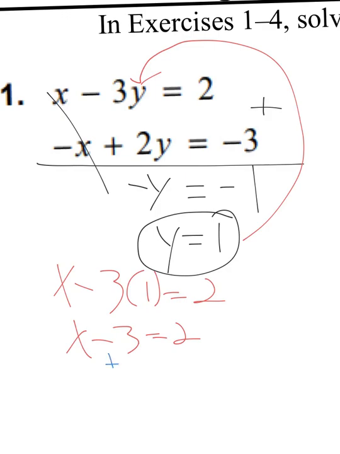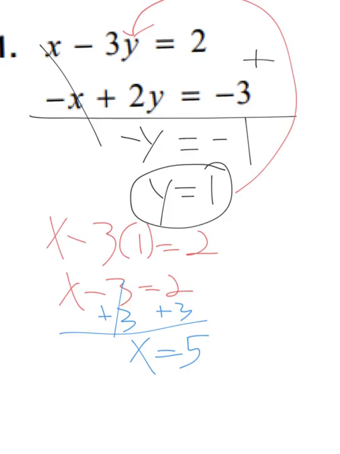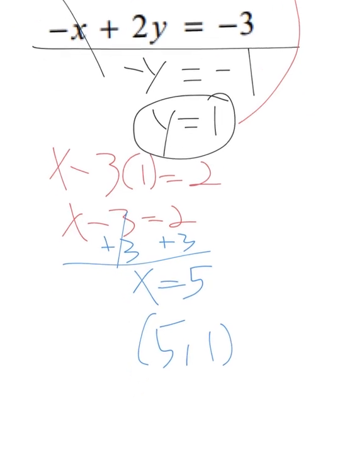So if I add 3, I get 5. X equals 5. All right. That's the final answer. 5, comma 1. Write it as an ordered pair.